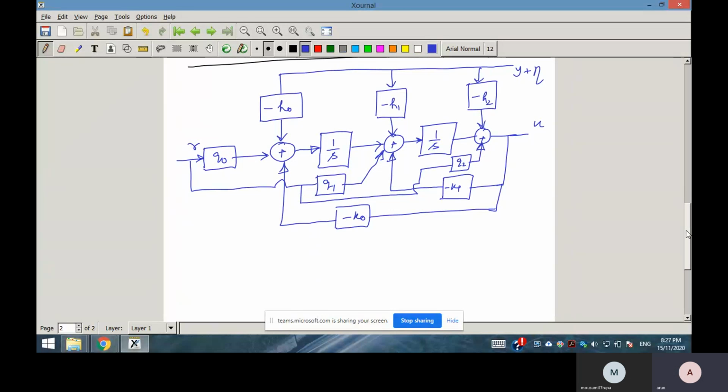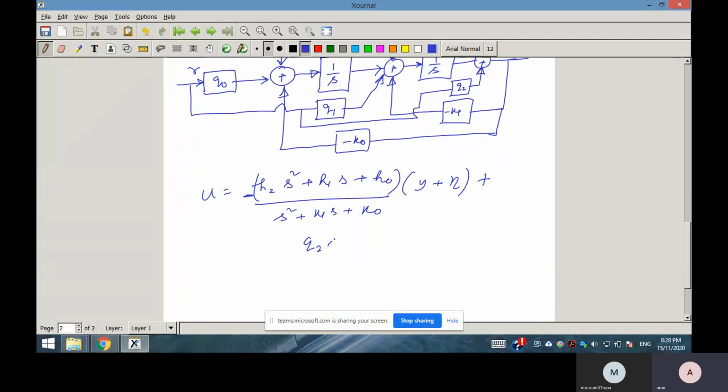This controller u will be equal to h2s square plus h1s plus h0 divided by s square plus k1s plus k0, minus this, into y plus eta, plus q2s square plus q1s plus q0 divided by s square plus k1s plus k0 into r. So please verify this.